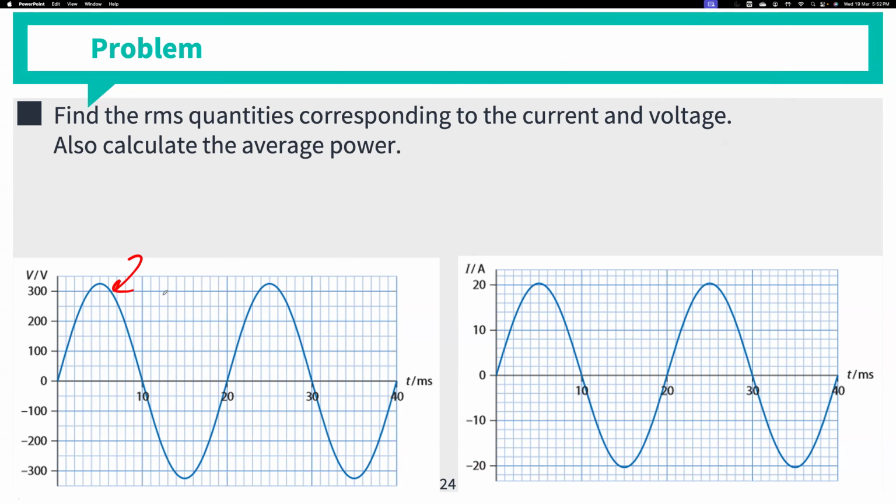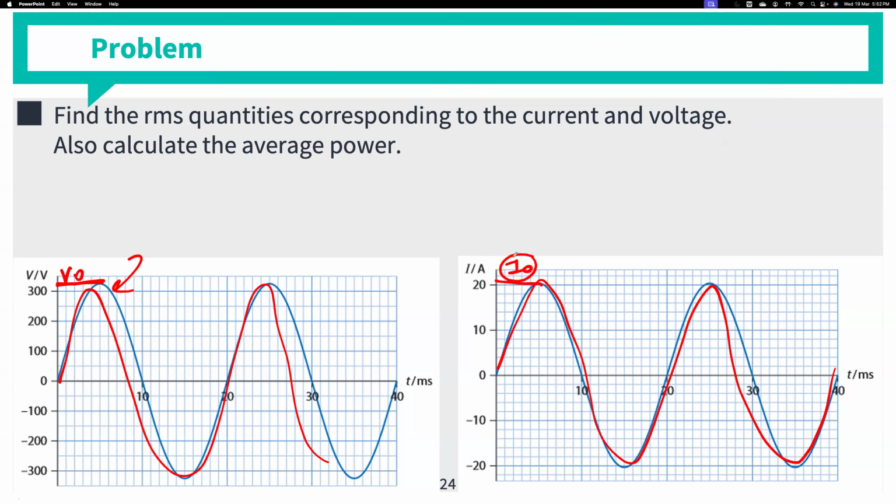Okay. So this is how the alternating voltage graph looks like. That means the voltage is changing with respect to the time. And this is how the alternating current is represented. That means the current is changing with respect to the time. Now, the magnitude value, this highest value is called peak voltage here, and the highest current over here is called peak current.